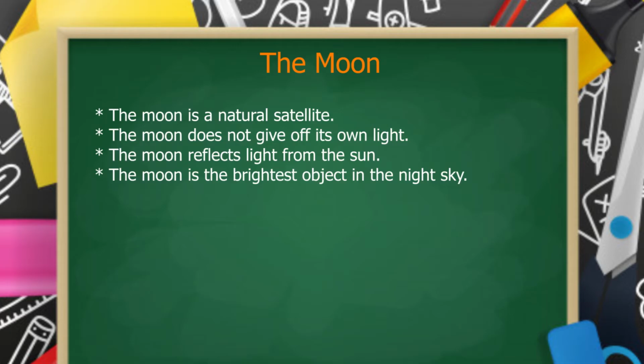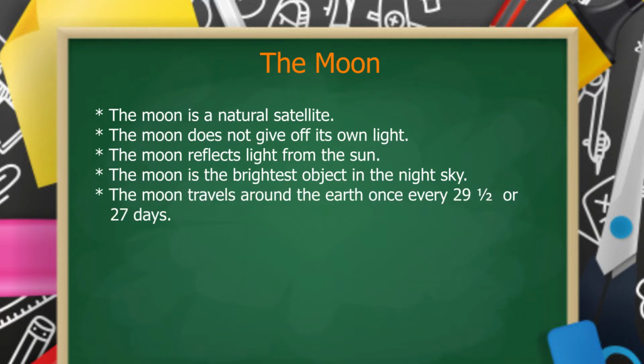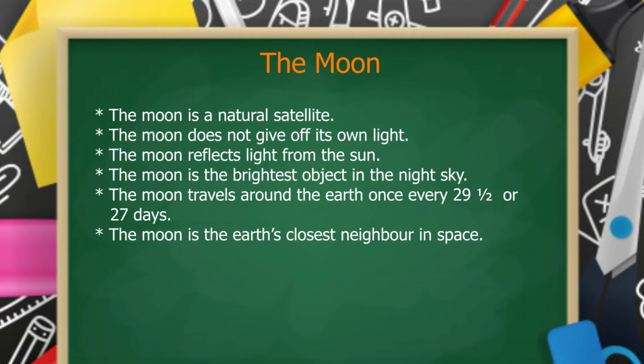The moon travels around the earth once every 29 and a half days, or as other research says, 27 days. The moon is the earth's closest neighbor in space.